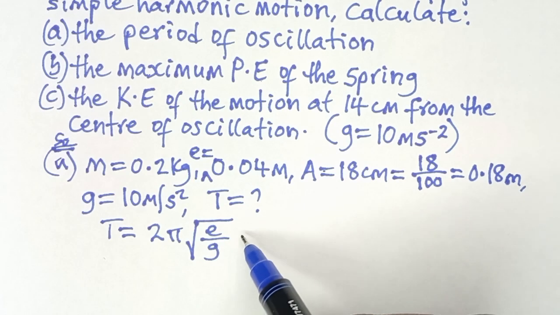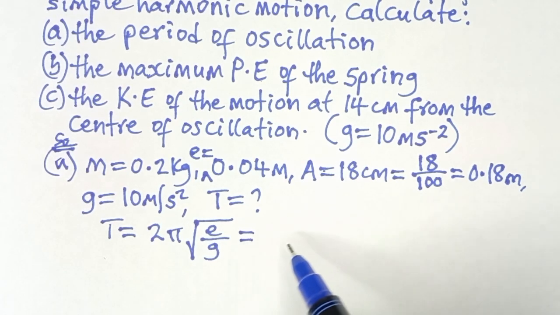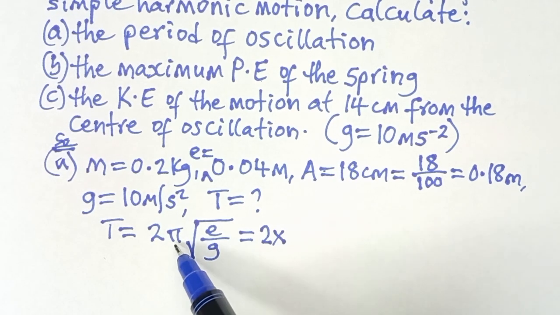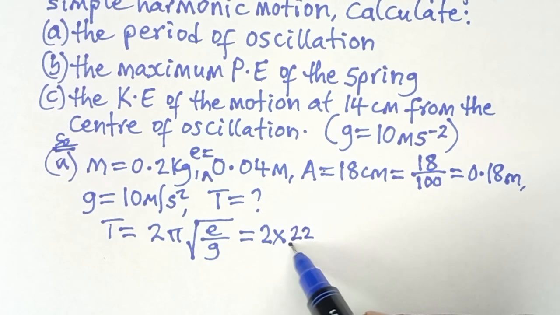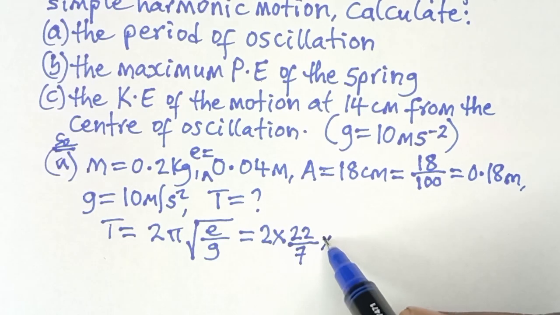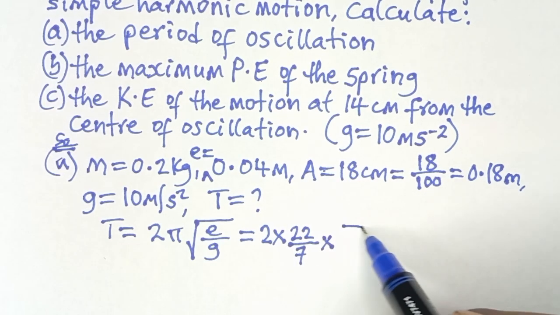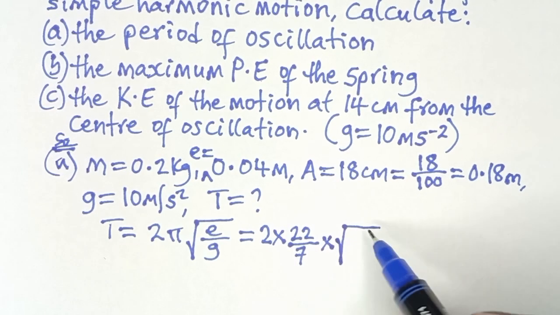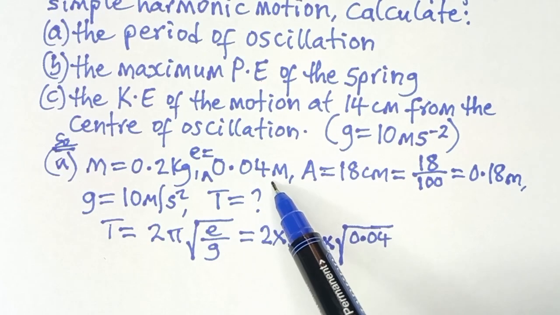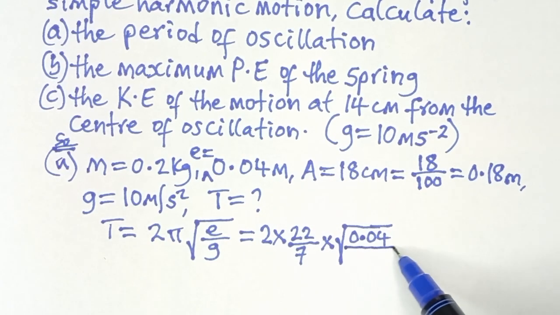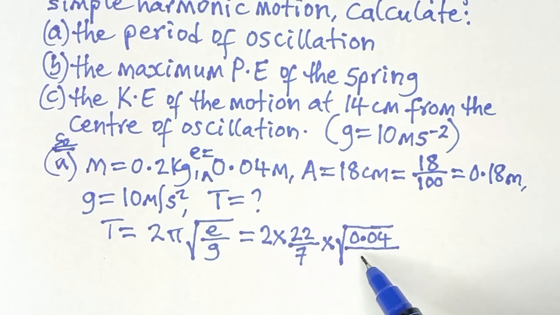So let's substitute the values: 2 times the value of pi, I'll take 22 over 7 for pi, times the square root of 0.04, which is the extension, all over the value of g. g is 10.